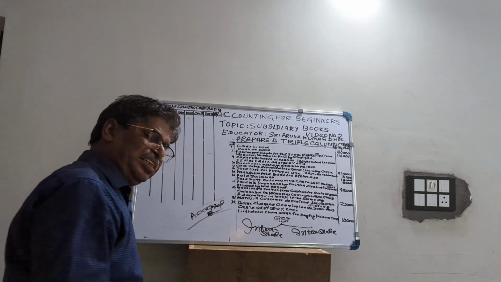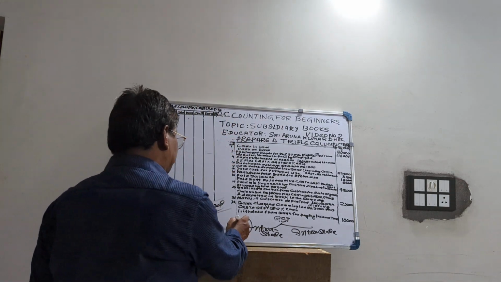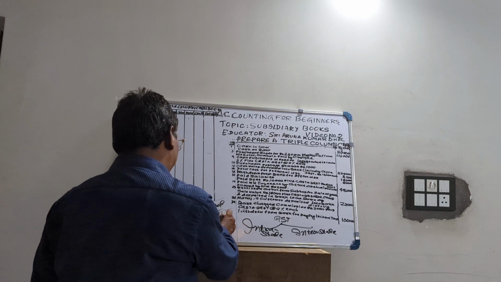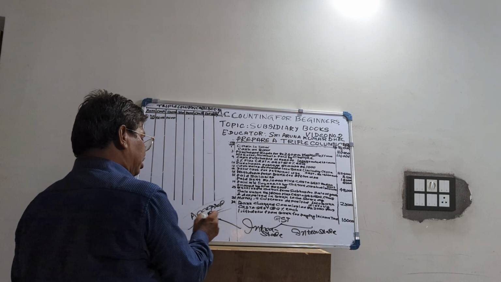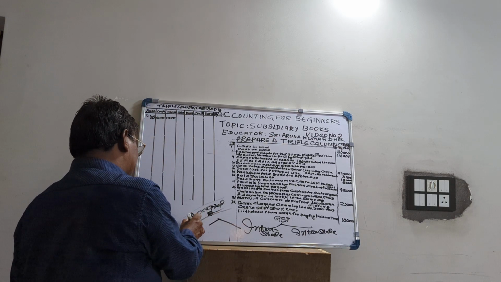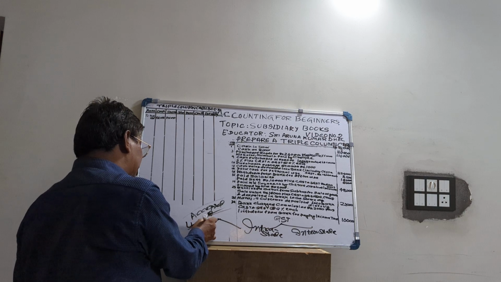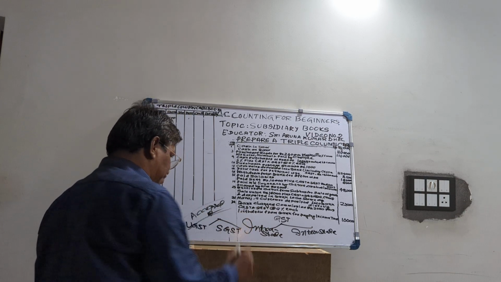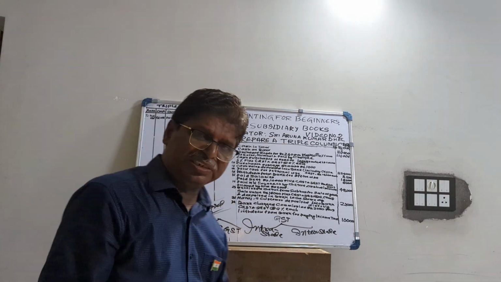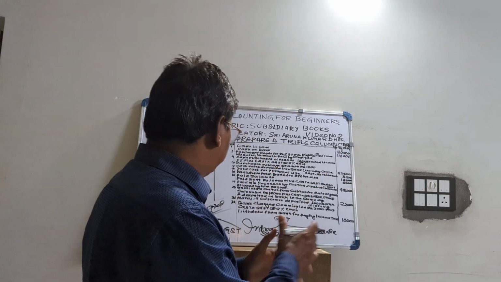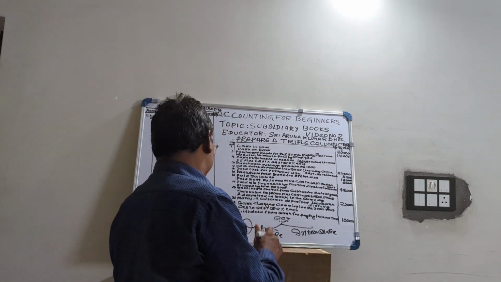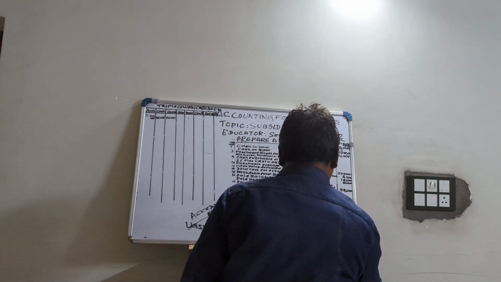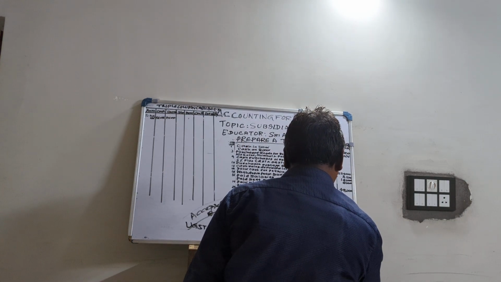In case of intrastate, the GST will be divided equally under 2 heads. One is UGST, that is Union GST, another is SGST, State GST. If it is interstate, between the states, then it is known as IGST. Only one head, IGST.